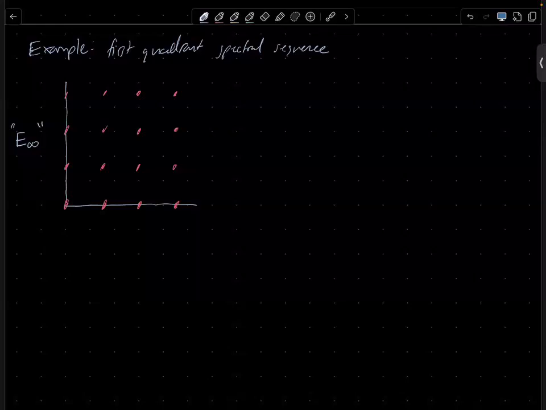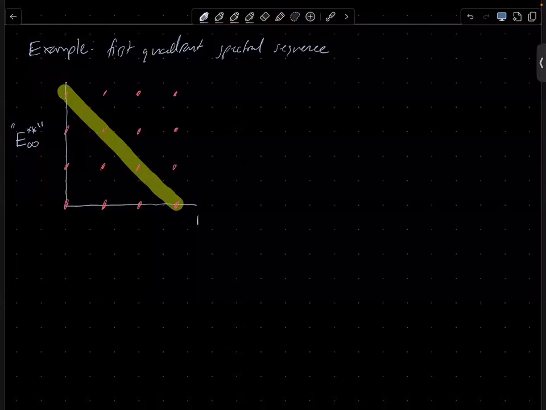The reason, at least for the first quadrant spectral sequence, is that for a fixed diagonal, which is what we're going to focus on, you can pick an R big enough so that all of them become stable. So that's why I'm writing this E infinity page.